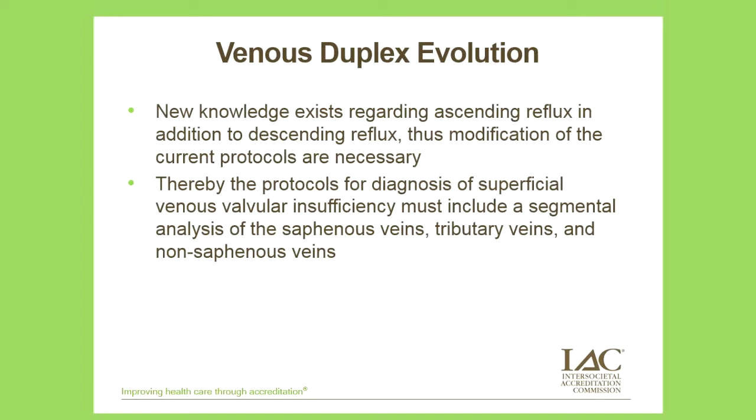So we have to modify our current protocols because in the old days, like I said, we were looking at the saphenofemoral junction. Well, now we know that reflux can occur anywhere. It can occur in the saphenous vein, in tributary veins only, or non-saphenous veins that do not originate in the saphenous tree.